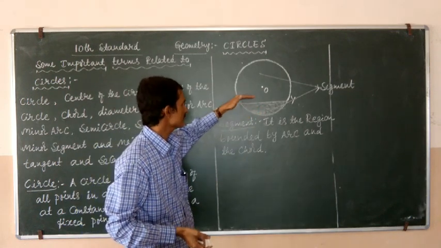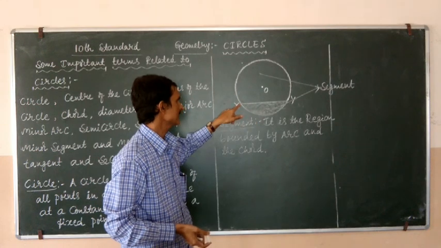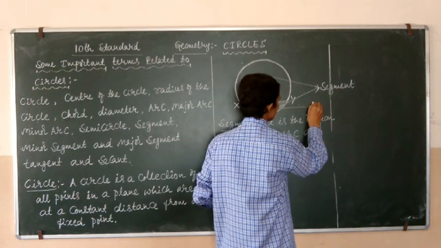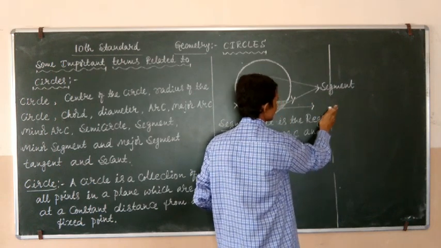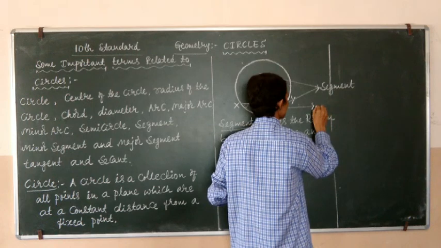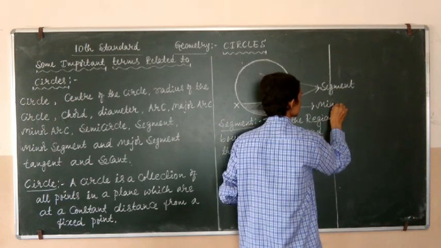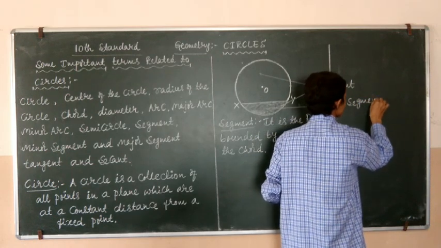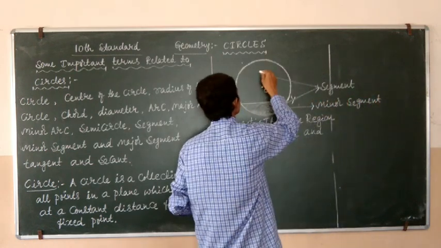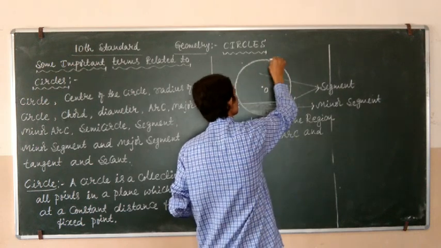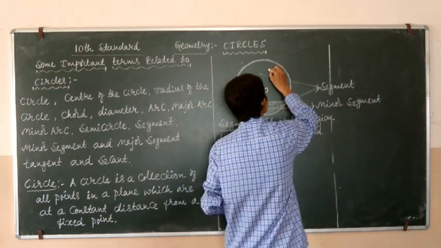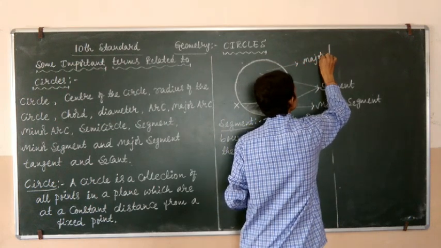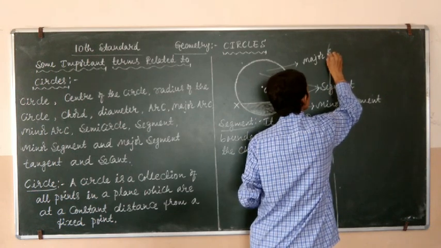Therefore, the smaller area, that means this part, is called the minor segment. And this part is called the major segment.